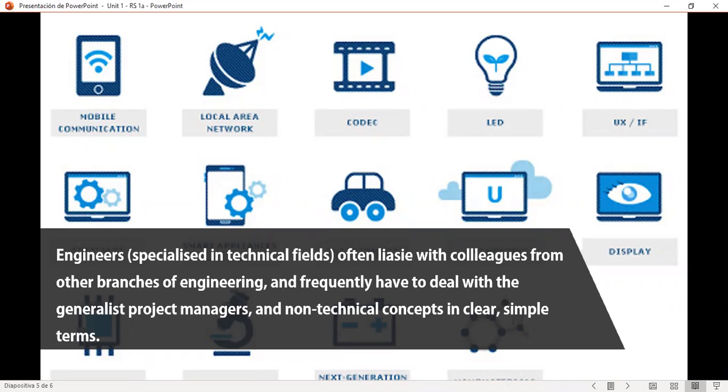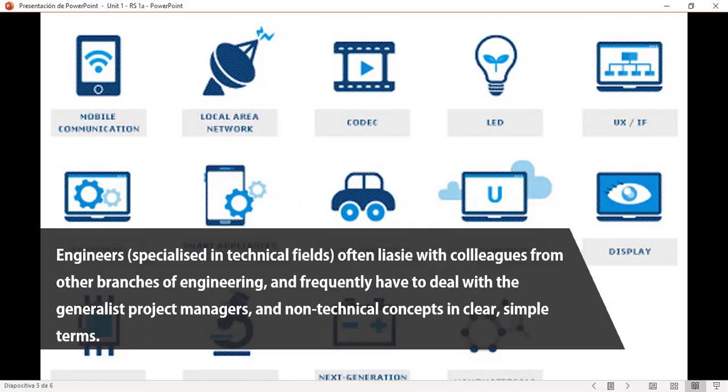What I mean with the word liaise, the one you got after often: liaise, and the pronunciation is the same as the word deal.